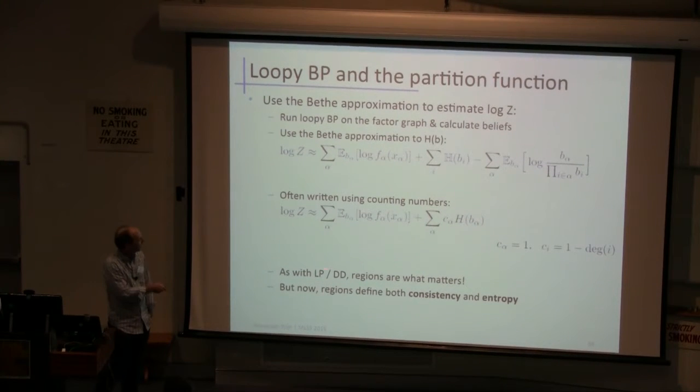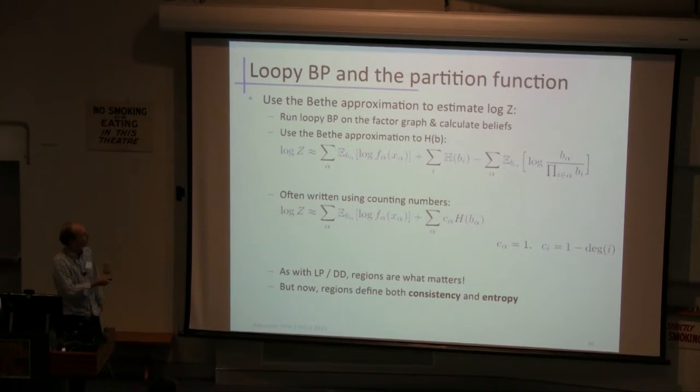So now, instead of with the linear programming and dual decomposition, where the cliques defined only the set of constraints that we were enforcing, the local consistency constraints, now they're going to define not only the local consistency functions, but also this entropy approximation.